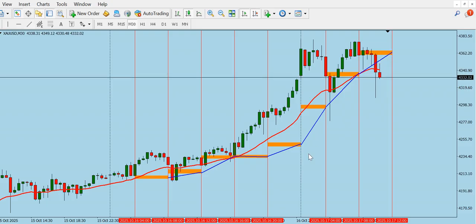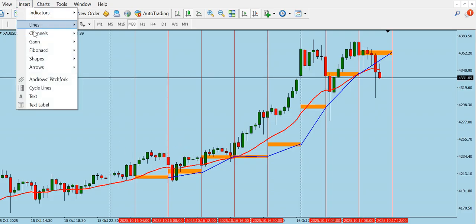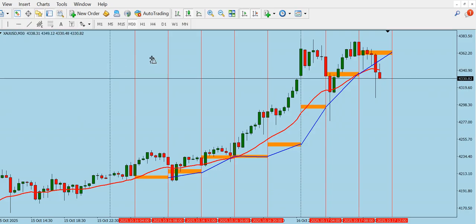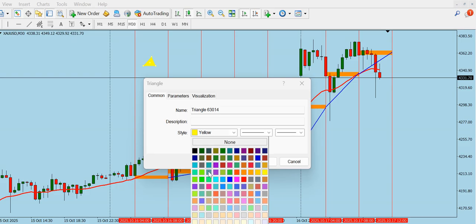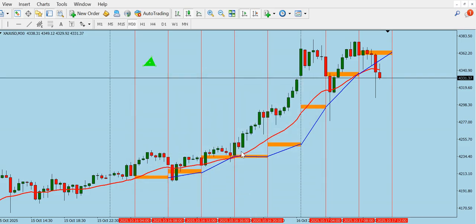Okay, now the next thing to do after connecting the ends with diagonal lines is to plot the triangle. For a downward trend we have a yellow triangle. For an upward trend we have a lime colored triangle.